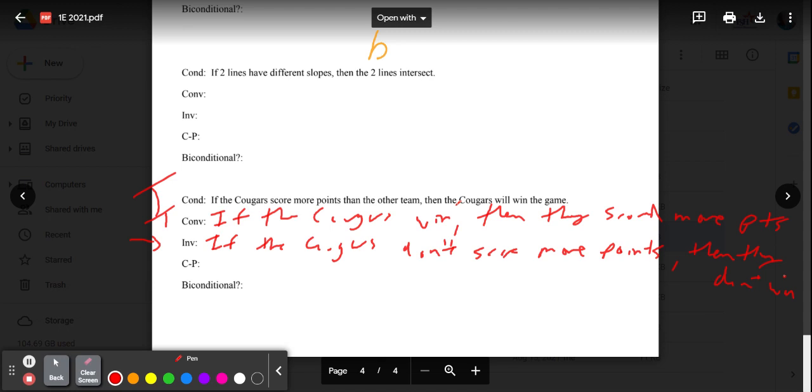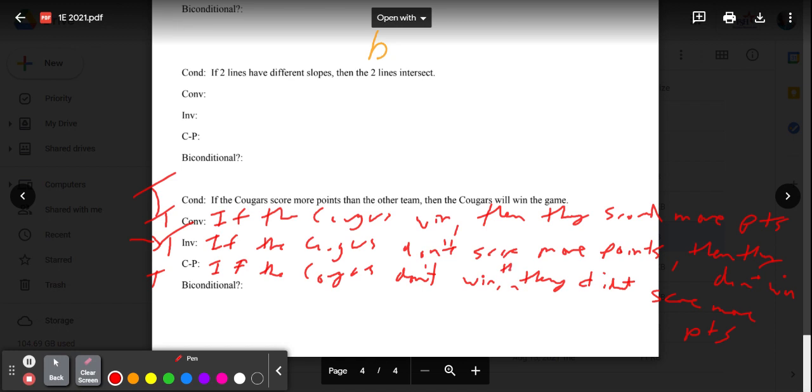That's true, right? We don't score more points and we don't win, because winning is scoring more points. And the contrapositive: if the Cougars don't win, then they didn't score more points. That's true.